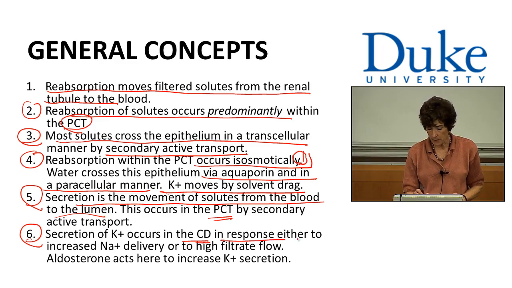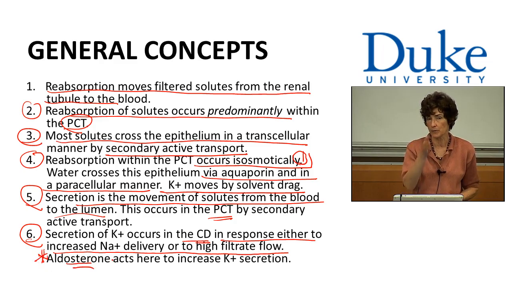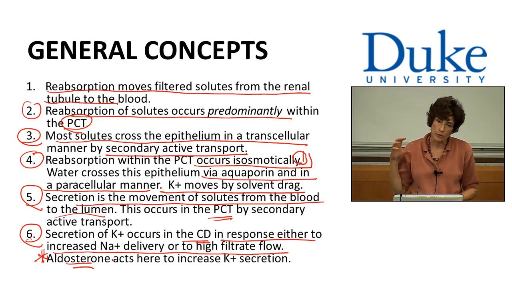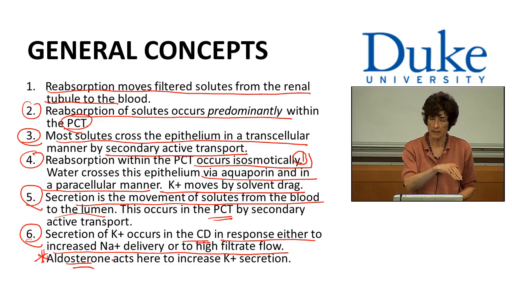This is in response either to an increased sodium delivery to this region or to a high filtrate flow. And importantly, aldosterone acts on these cells, the principal cells within this region, to increase the channels for potassium, the channel for sodium, and also the sodium-potassium ATPase. And so it drives the movement of potassium from the blood and into the lumen of the tubule, to then eventually be excreted in the urine.